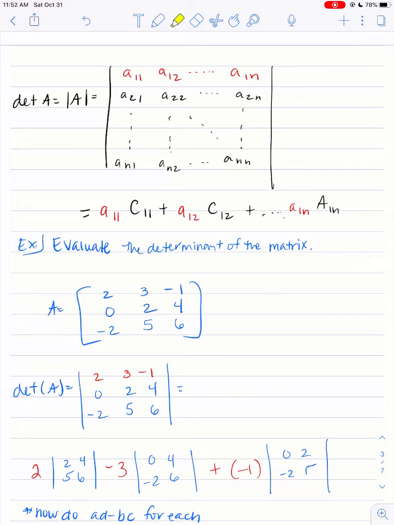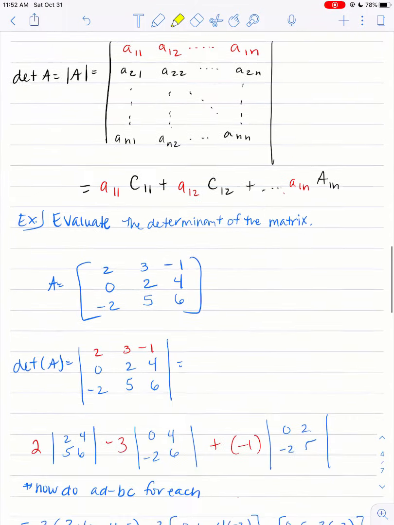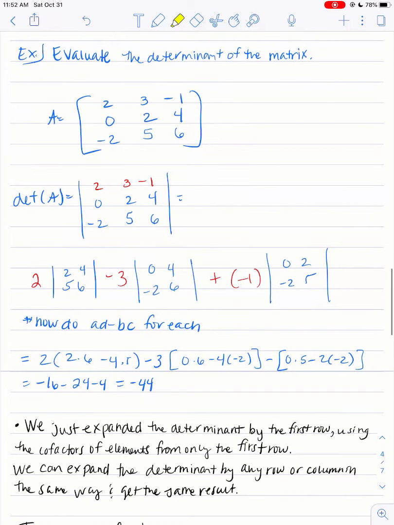So the determinant of A equals, so I have the first row in red because we're going to use that row to find our cofactors, basically. And so you're basically going to multiply each element of the first row by its cofactor, and then you add the results. Okay, so let's do this. It makes sense once you see it in an example, I feel like, and then I'll show you some tricks that I usually do.